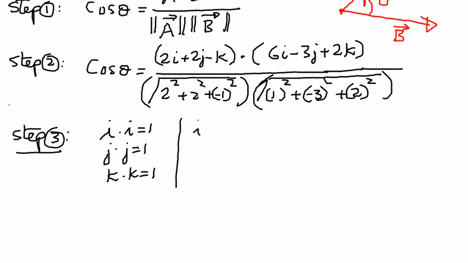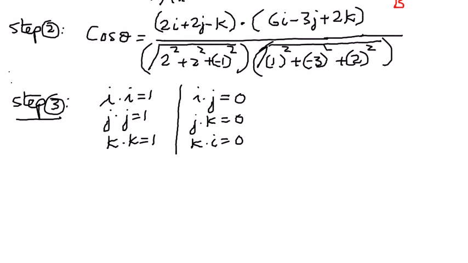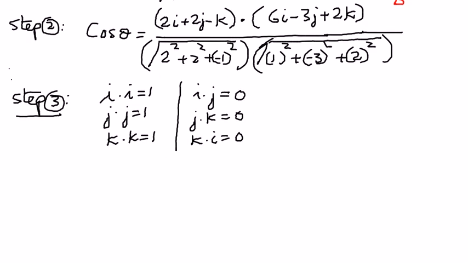Also, i dot j is equal to 0, j dot k is equal to 0, and k dot i is equal to 0. Okay, so keeping that in mind, we will simplify what we have here. We'll call that step number 4, and we will simplify all the way through.